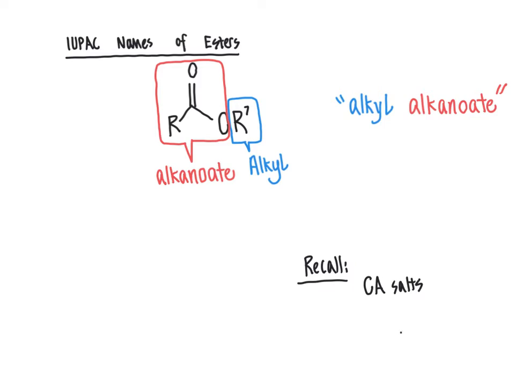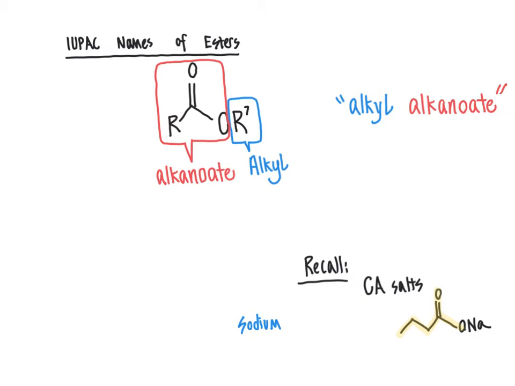So for example, in the case of this generic example structure that I have shown here, this was referred to as a carboxylic acid salt because we have an oxygen anion directly bonded to a sodium cation there, and we named this particular molecule as sodium, indicating the cation, and then alkanoate referred to the carbon chain here that included the carbonyl, oxygen, and then whatever the chain was here.